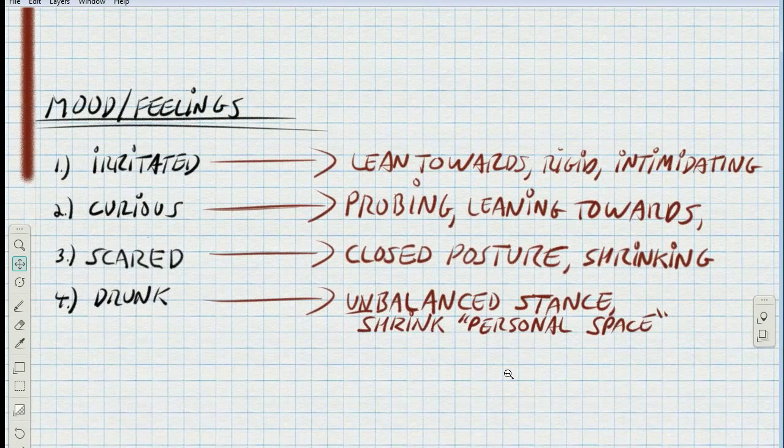We have irritated, curious, scared, and just for fun, drunk. You can see I've already taken the step to interpret these emotions into some general notes on how I would translate them into body language, and I think that's enough to go on for now. So we'll take these, and then we're going to move on into actually doing these examples visually. So let's see what that looks like.